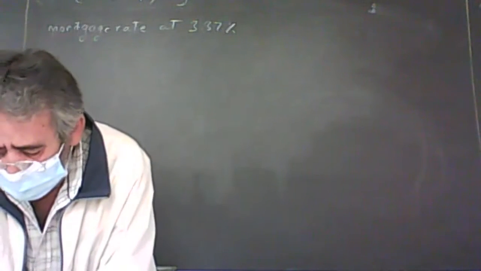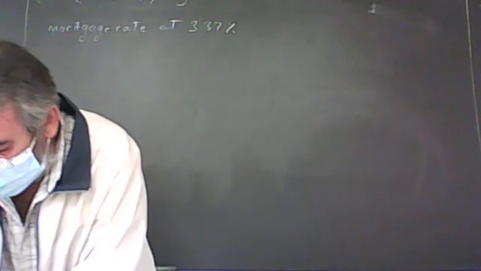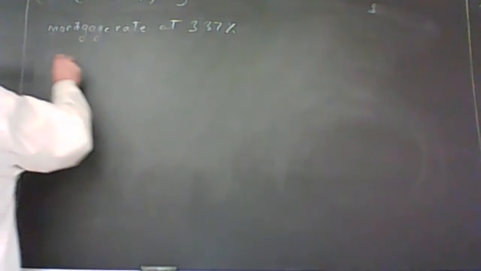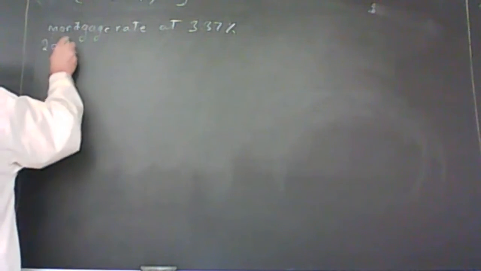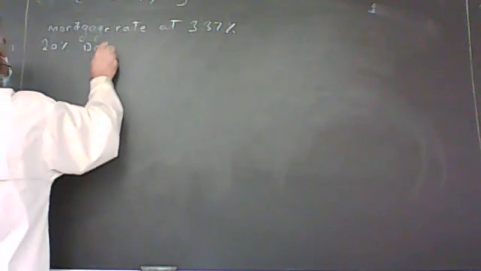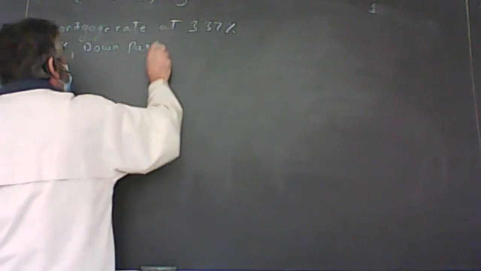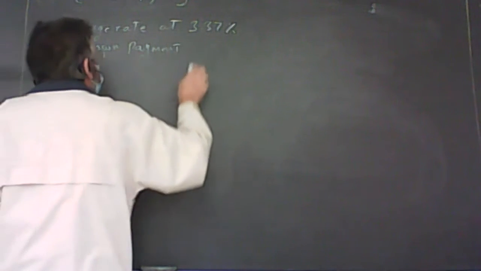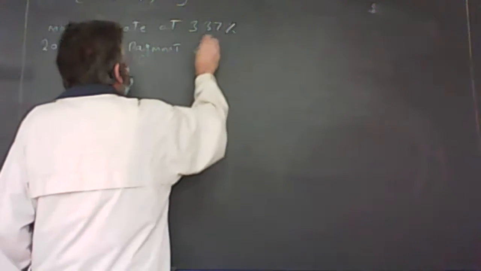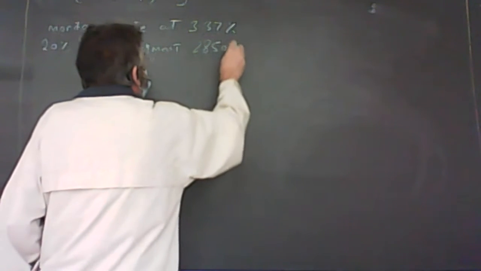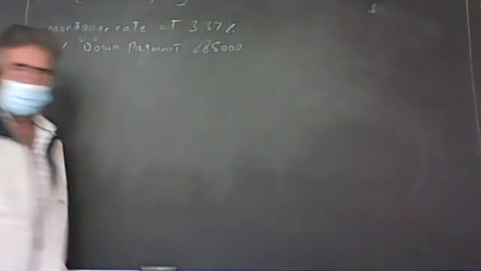It says assume a down payment of 20% on a home purchase. Down payment. Cost of home is $285,000.